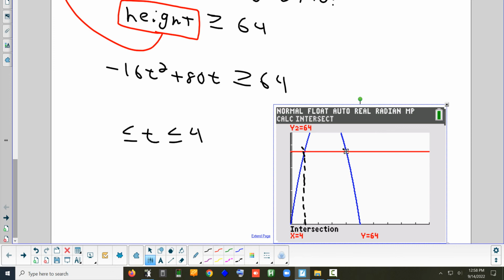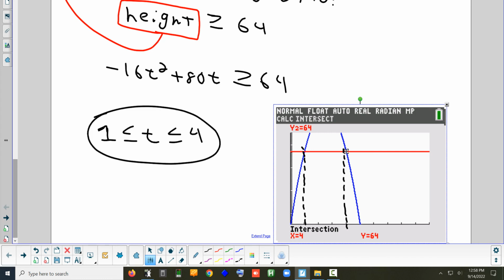So it's 1 and 4. So that's the time in this problem when the ball is above or equal to 64 feet. Any questions on that?